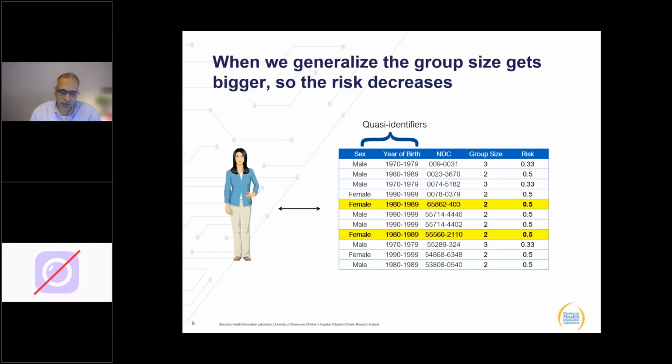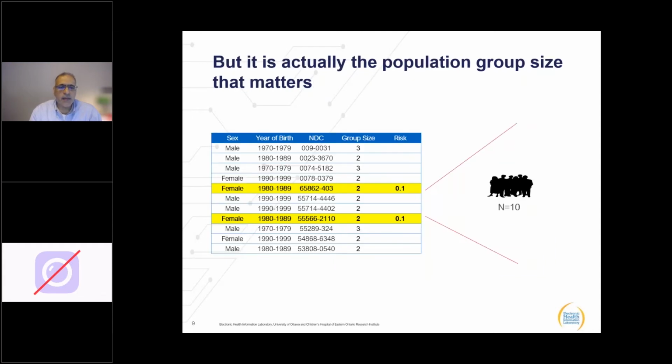So generalization reduces the risk, and the risk is measured by group sizes, and as we increase the group sizes, the risk goes down. But of course, it's not that easy because most data sets are samples from populations. And therefore, in practice, we also worry about the group sizes in the population. So in the examples so far, I've assumed that our data set represents everybody in the population.